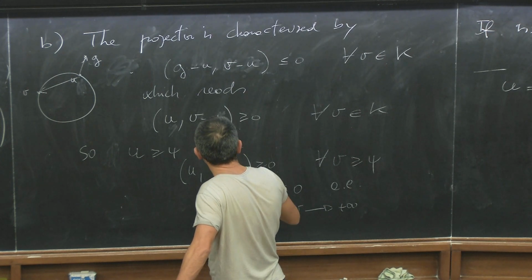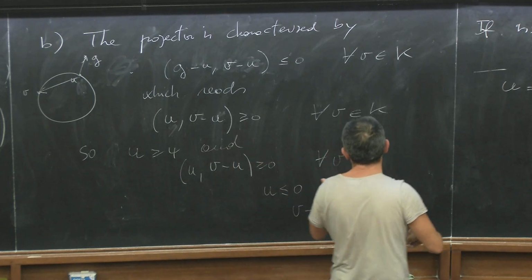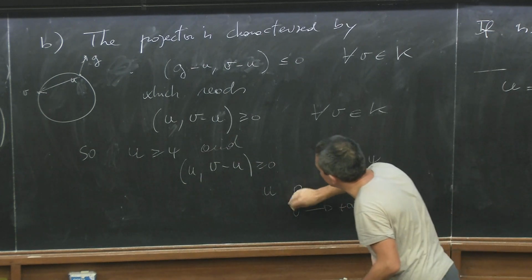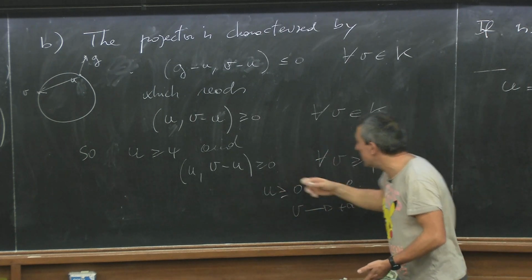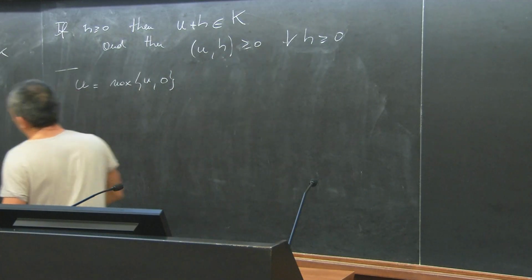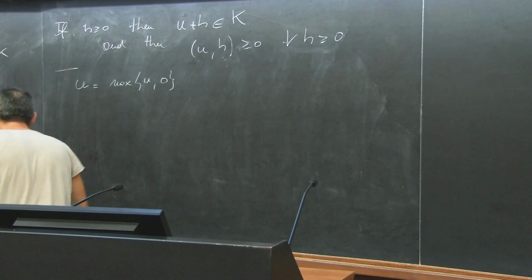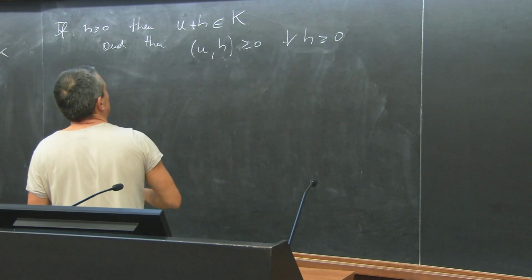Ah, no, it's greater or equal than 0. Gosh, it's stupid. This is greater or equal than 0, because I get this, and then I have this greater or equal than 0. Oh, now it's correct. Okay, so for all h greater than 0.